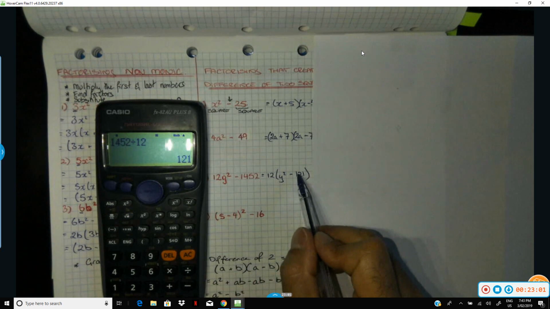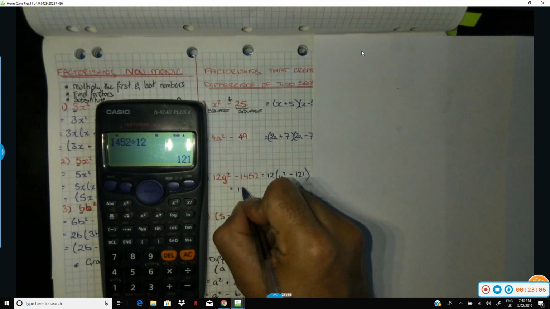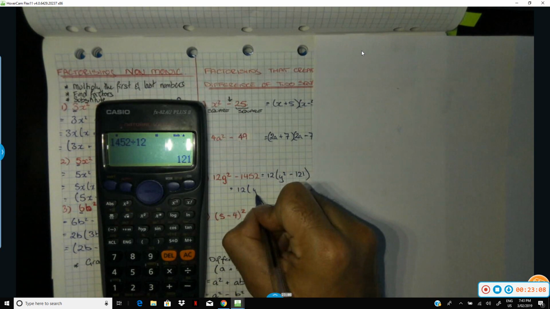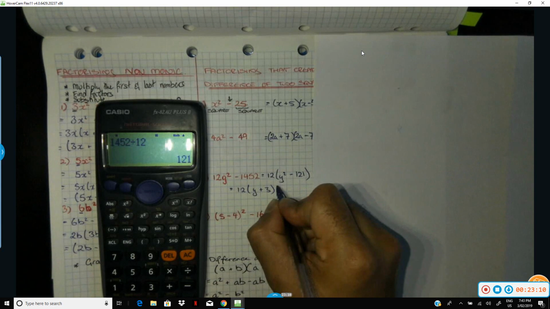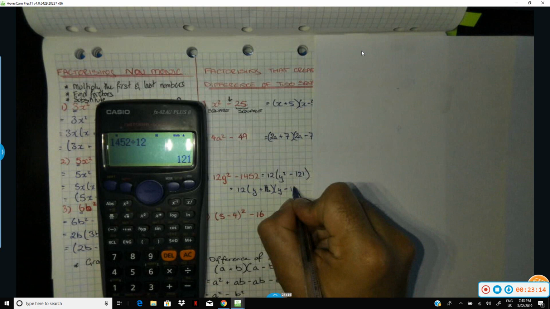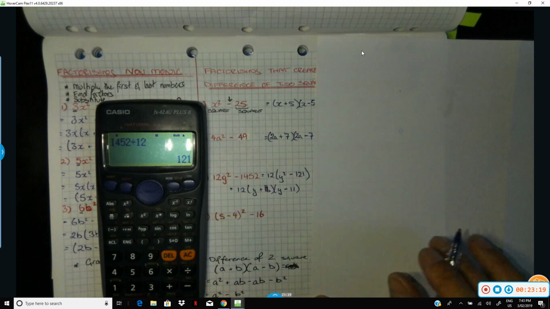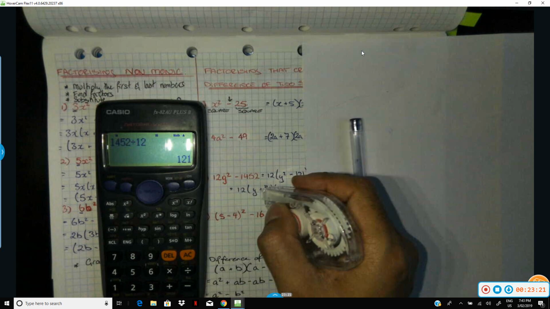Now, I notice that 121 is definitely a square, so I can continue to factorize this down and notice there's a difference of two squares: 12 times y plus 11, y minus 11, because 11 times 11 is 121. Okay, fix that neatly.